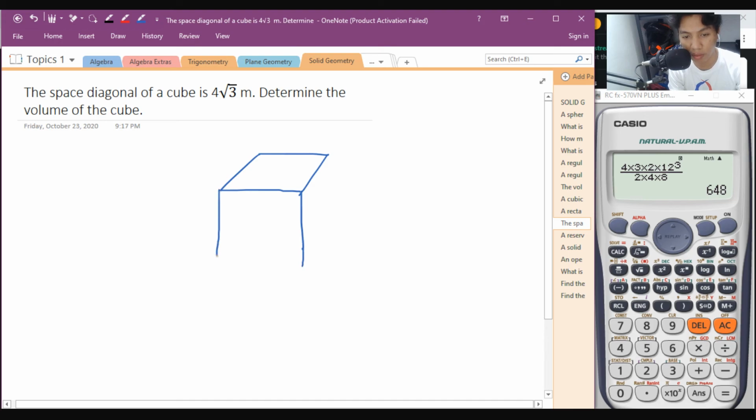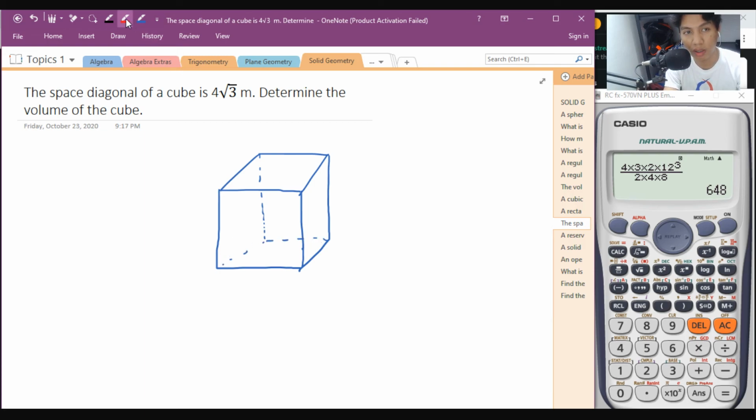Hindi talaga ako ganun kagaling mag-drawing. Yan. Yung cube mo. Saan yung space diagonal mo dito? Yung space diagonal mo is from one vertex to the other vertex. Yun yung space diagonal. Okay? Yan yung space diagonal.